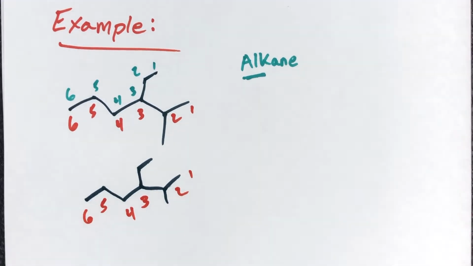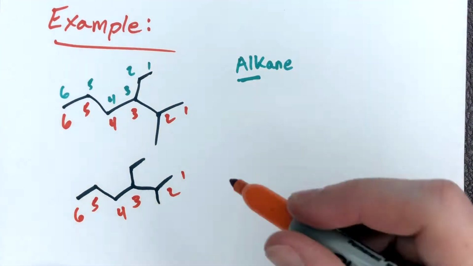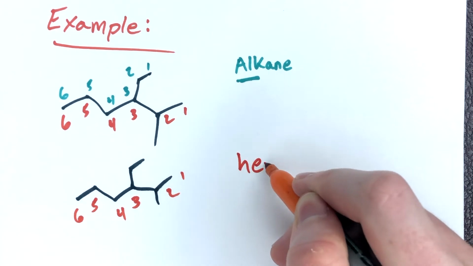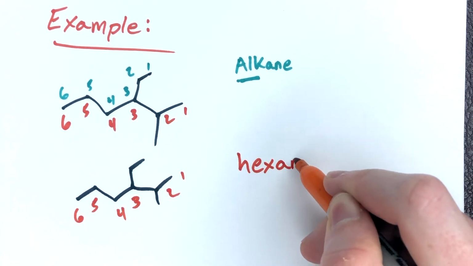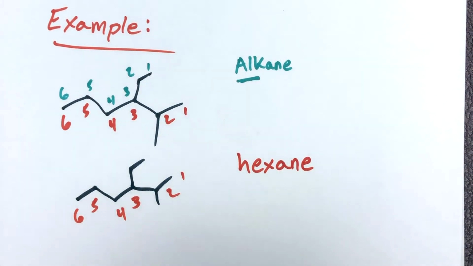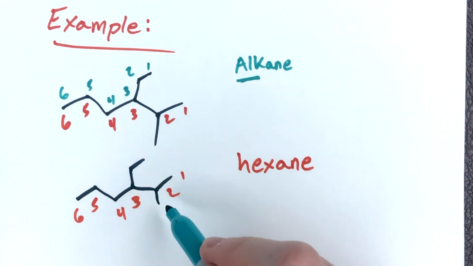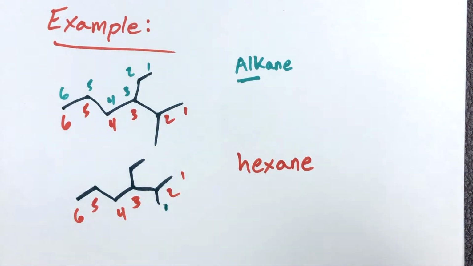So now 6, again, if you go back to our list, 6 is hex. This is an alkane, so it's hexane. Now we need to name the branches. So how many carbons are involved in our branches? Well, at 2, there's only one carbon that's a branch.